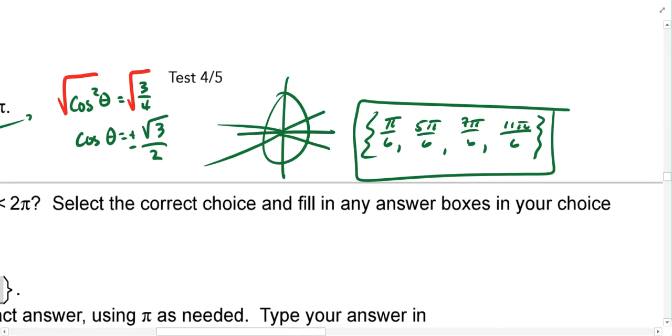And so the question becomes, where in the unit circle does cosine equal positive square root 3 over 2? And where does it equal negative square root 3 over 2? Well, that occurs in 4 positions inside the unit circle. We don't know which one would satisfy the original equation, so we've got to be prepared to produce all 4 of these results to the expression.